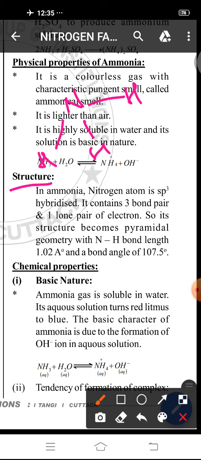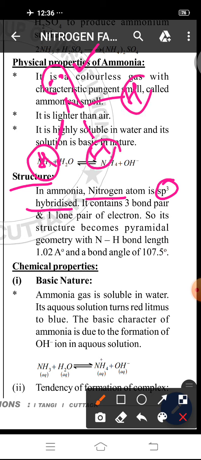The nitrogen atom in ammonia is sp3 hybridized. sp3 hybridized means 4 orbitals are involved. Among the 4 hybrid orbitals, one orbital contains a lone pair of electrons and the other 3 orbitals overlap with hydrogen atoms to form sigma bonds. It contains 3 bond pairs and one lone pair of electrons.